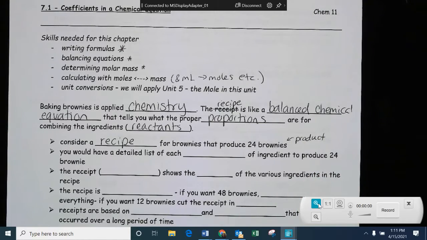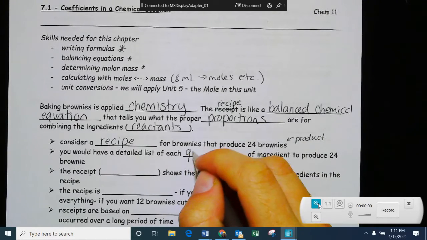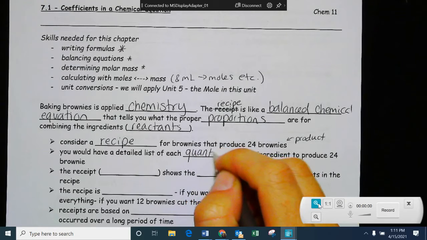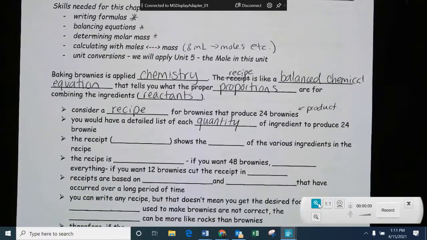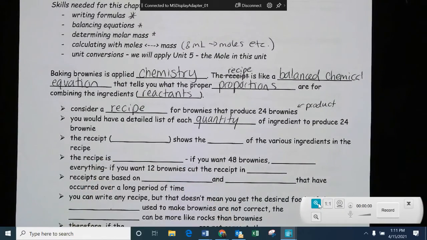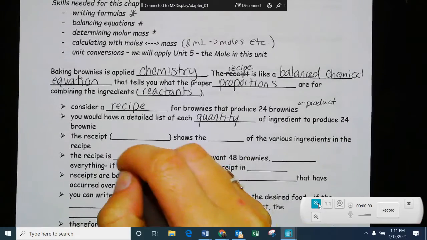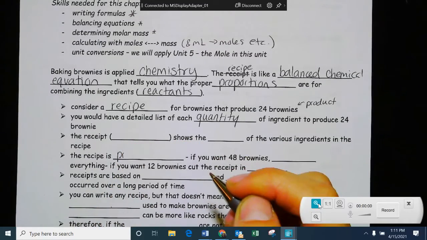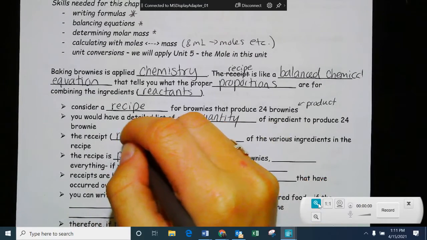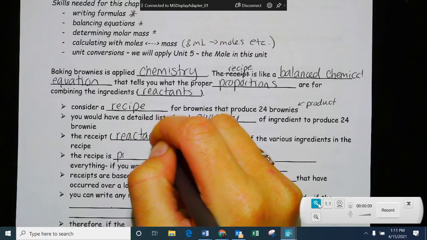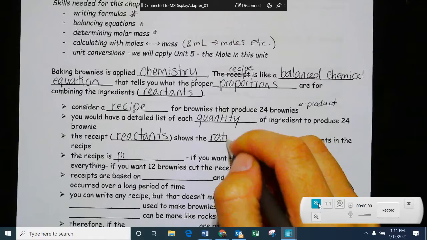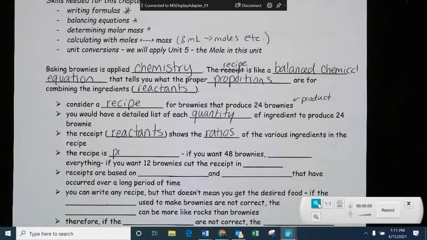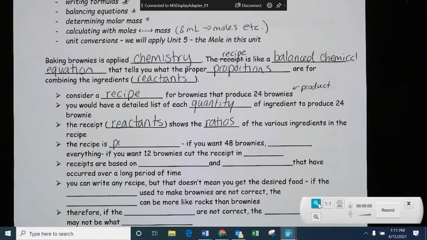You'd have a detailed list of each quantity of ingredients used to produce those 24 brownies. The recipe, the reactants, shows the ratios of the various ingredients in that recipe.